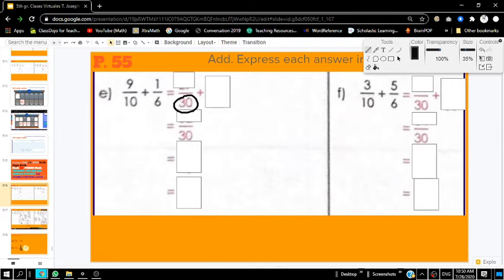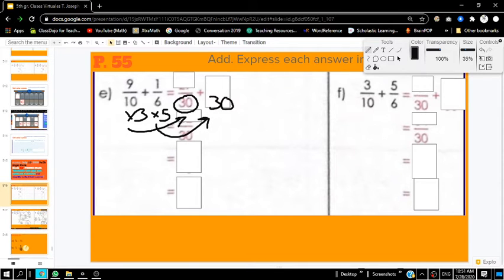So 10 times 3 is going to give me 30, and 6 times 5 is going to give me 30. If I do that, then I'm going to have 30 and 30 for both of my denominators. 10 times 3 is 30, and 6 times 5 is 30.